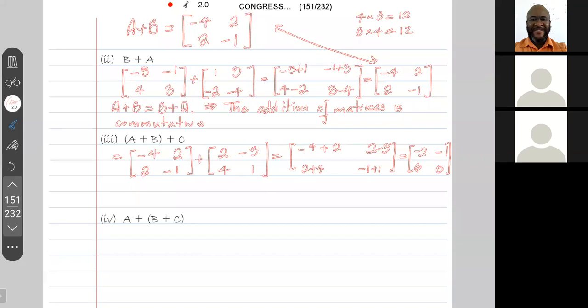All right, so I have to make a correction to A plus B plus C because there was an error with C. The 4 should be negative, so it's going to make the answer incorrect.